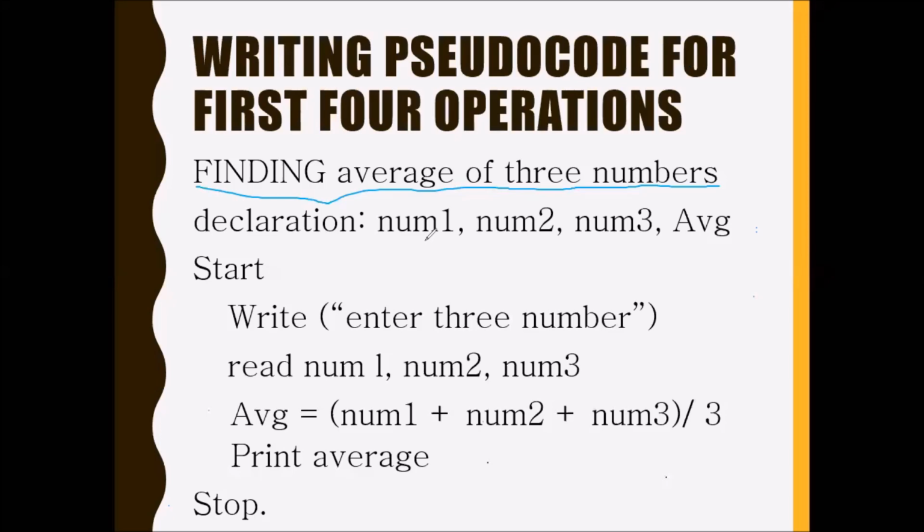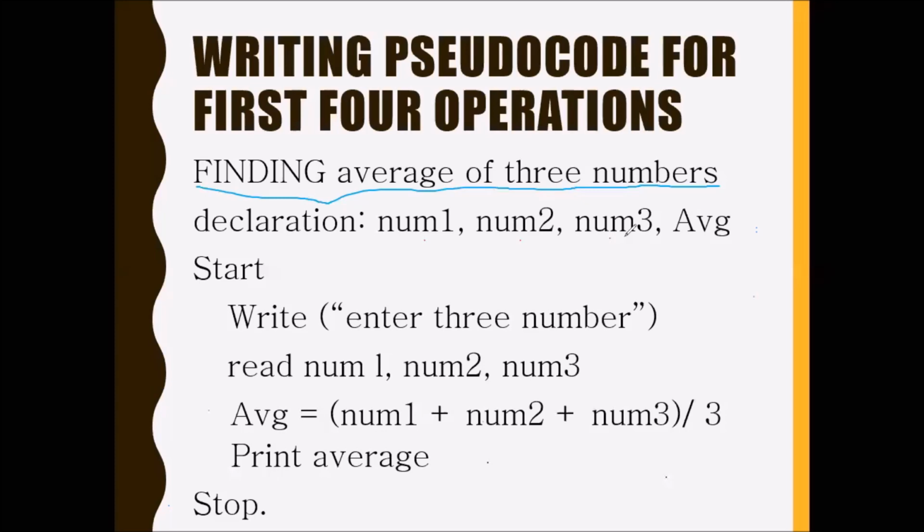Num1, num2, num3. If the user enters 5, 10, 15, 5 will be stored in num1, 10 will be stored in num2, and 15 will be stored in num3. Good? Then average will be used to store the average of the 3 numbers.